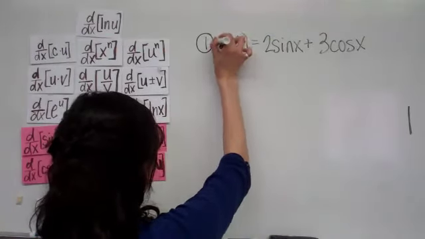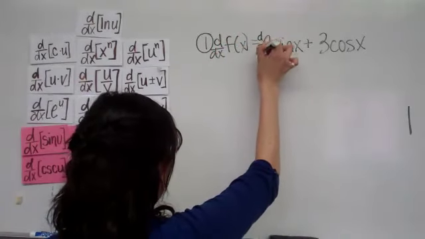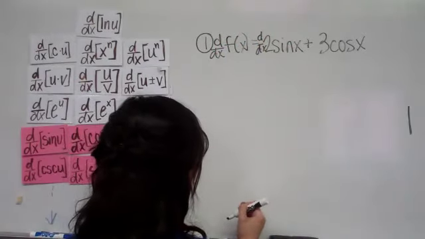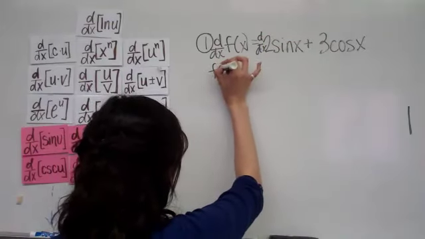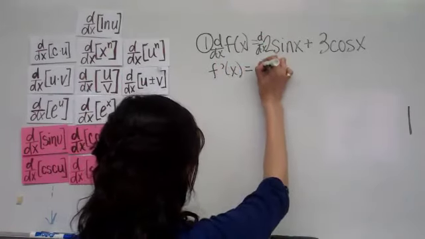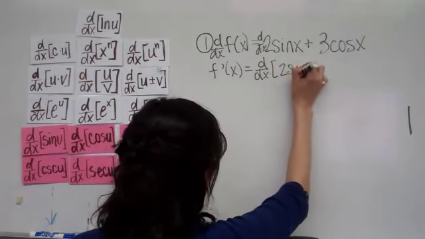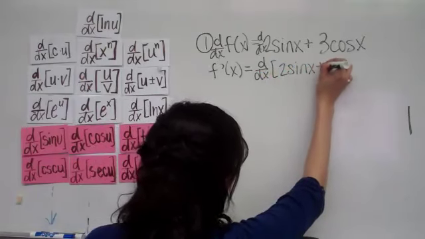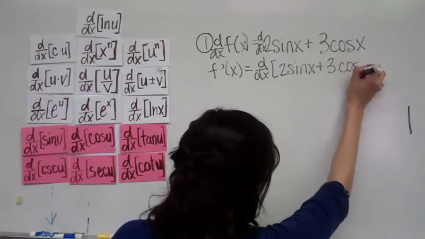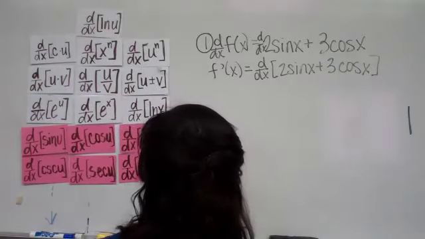So you could go ahead and write dx on this side, dx on this side, saying that we're going to differentiate both sides. One notation, of course, is this f prime. So I'm going to have to differentiate this whole entire side. So here's the thing. I have two functions being added together.